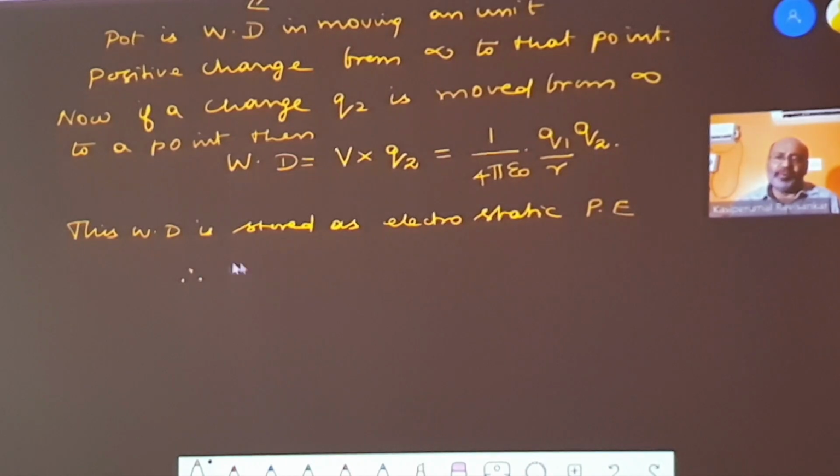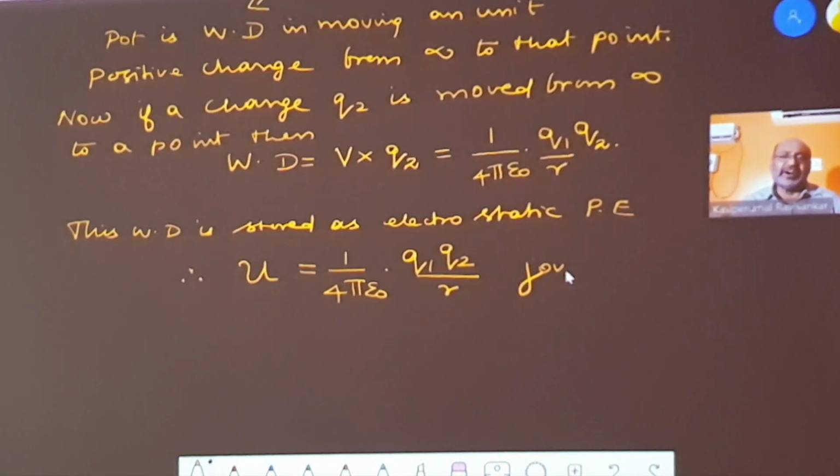Therefore, the potential energy is represented by epsilon is equal to 1 divided by 4 pi epsilon 0 into Q1 into Q2 divided by r, and is measured in a unit called joule.